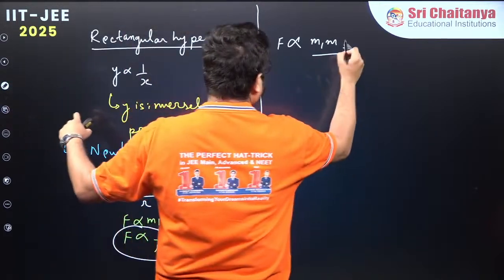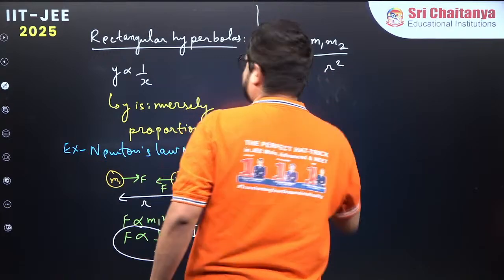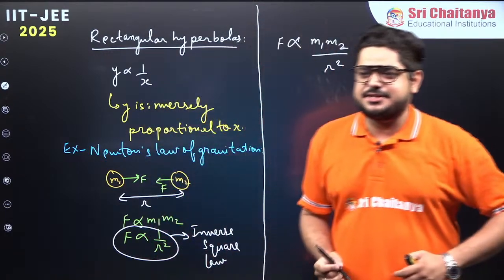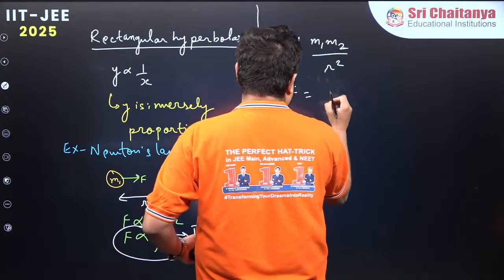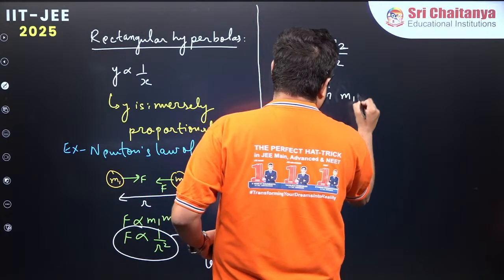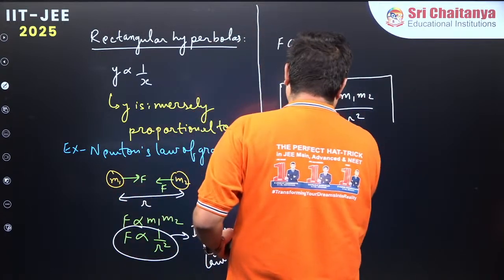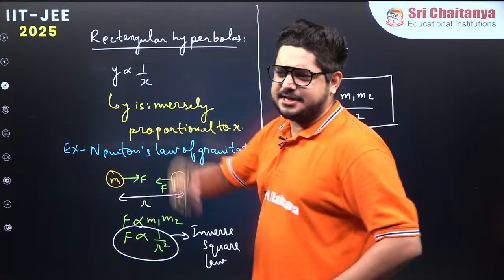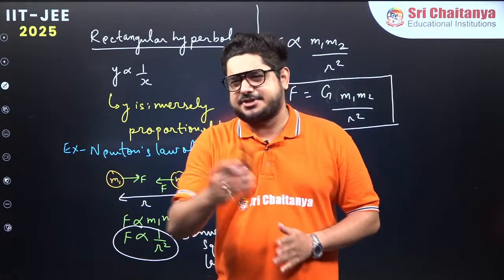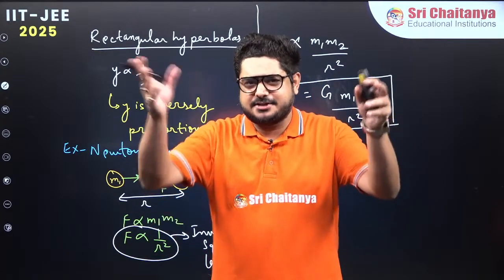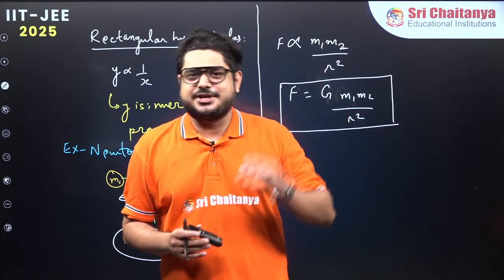So if I combine these equations, F equals G M1 M2 by R square, where G is the capital G, the proportionality constant. You have already studied this in class 9th, and we will study it again in class 11th in the upcoming days once we complete rotational mechanics. There's a chapter named gravitation, and you will learn interesting theories associated with satellites, planets, stars.